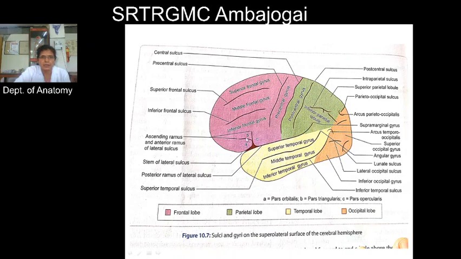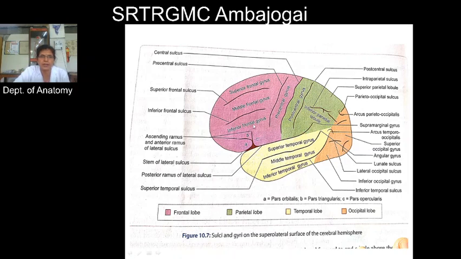Then the part which is present in between these 2 rami, the anterior horizontal and the anterior ascending, that is the pars triangularis, and the part of this inferior frontal gyrus which is present behind this anterior ascending ramus, that is called pars opercularis.